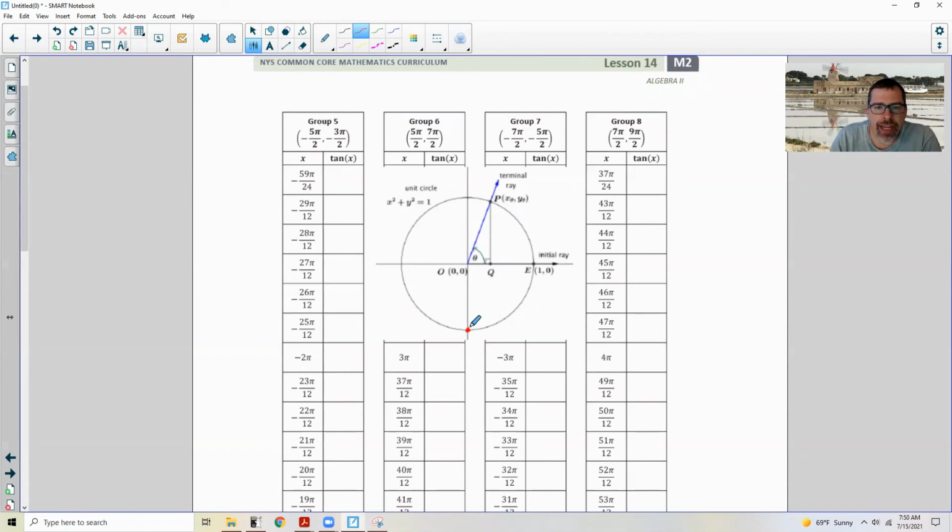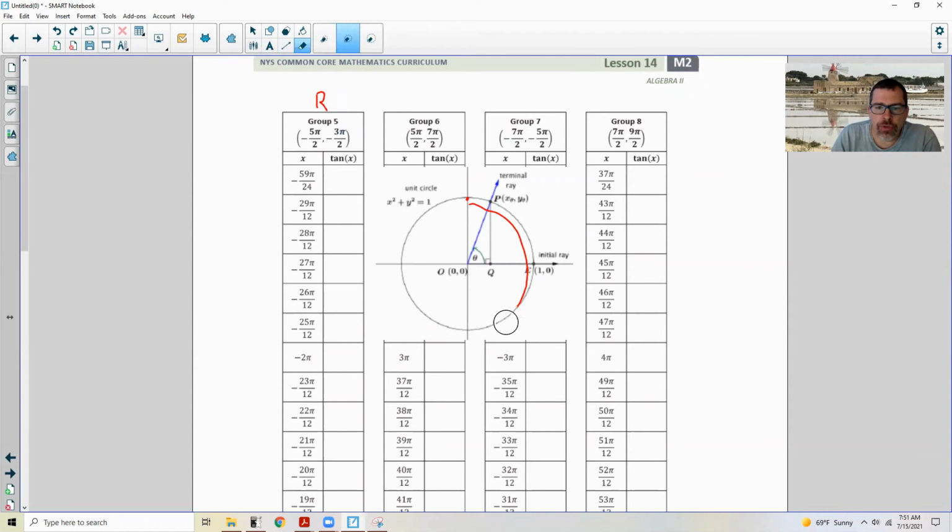And if I want to go to negative 3 pi over 2, I go in the counterclockwise direction, a distance of pi. So this is the domain that we are talking about. It's the right side of the circle for group 5.